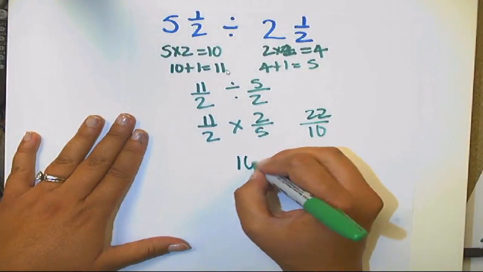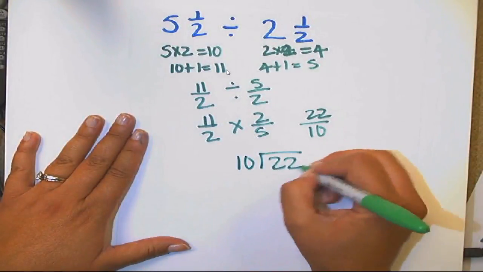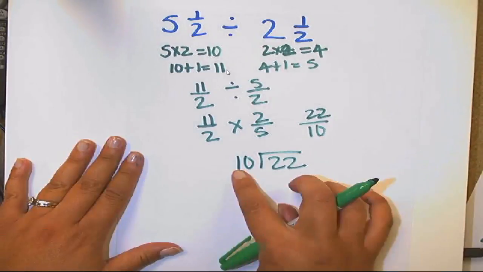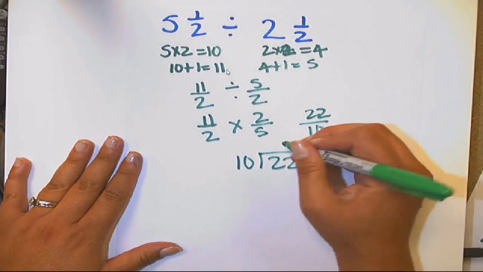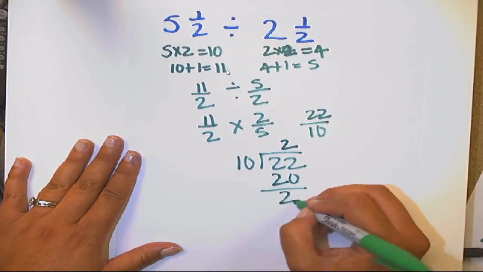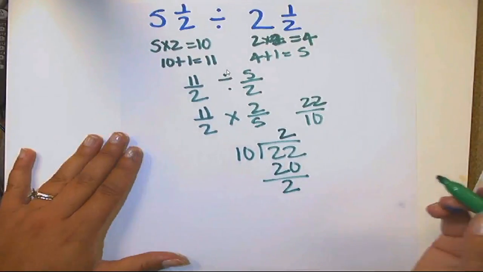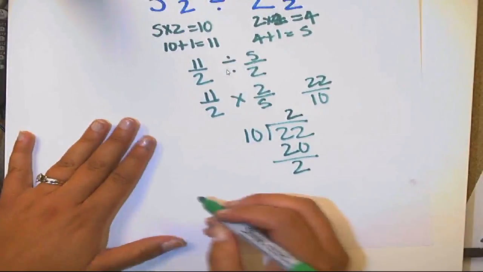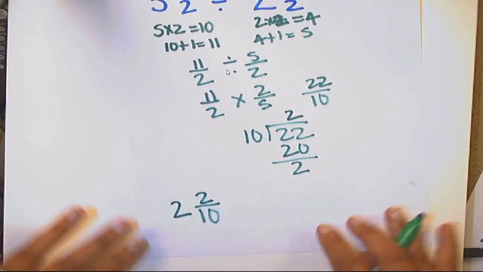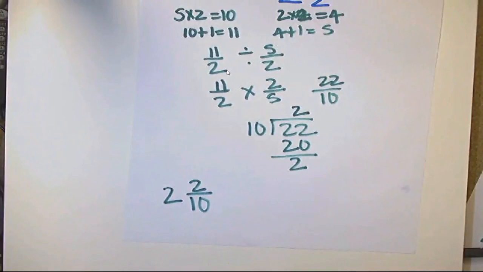So I'll divide my 10, that denominator, into my 22, that numerator. I end up with 2 2/10.